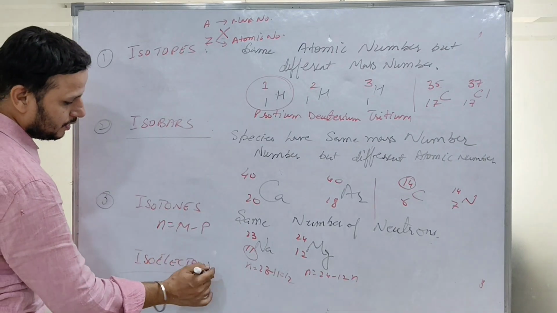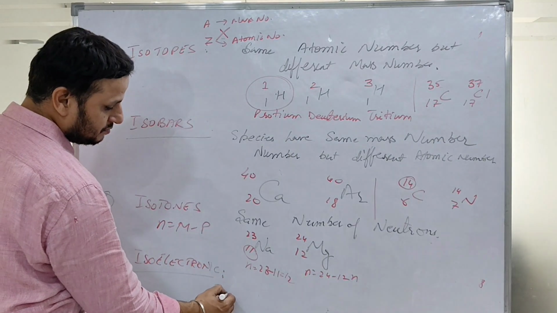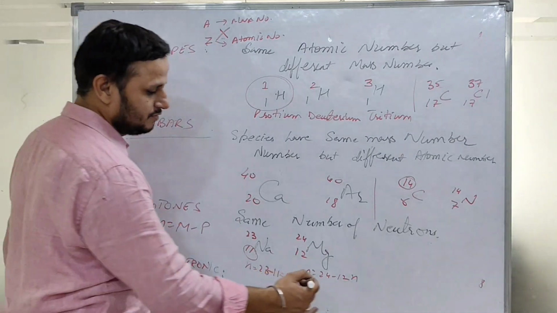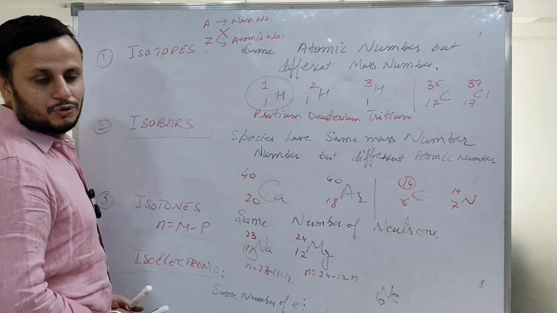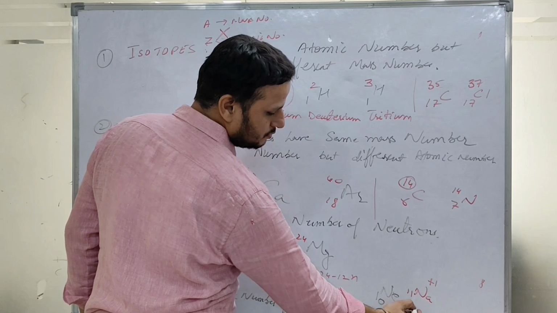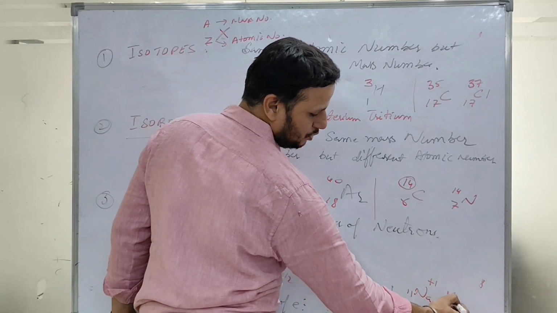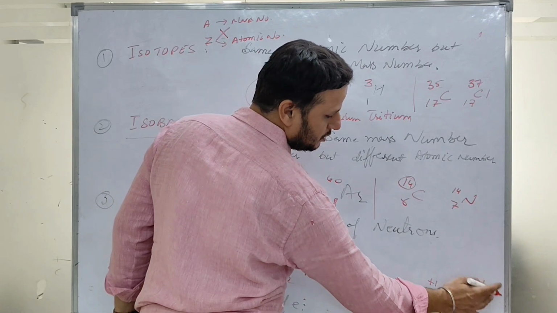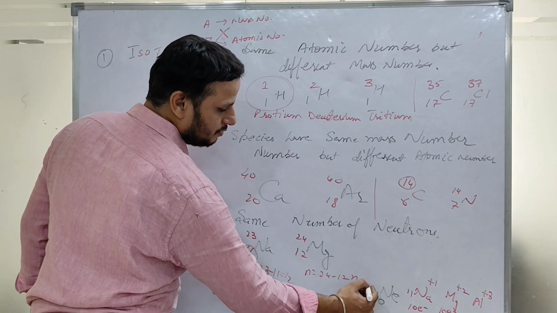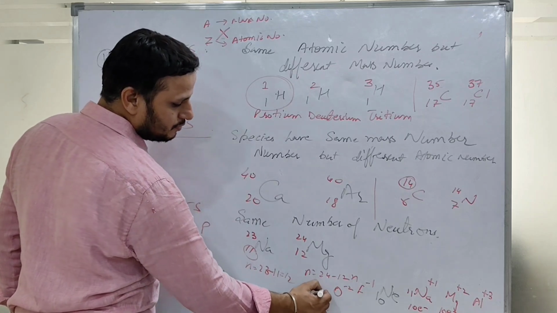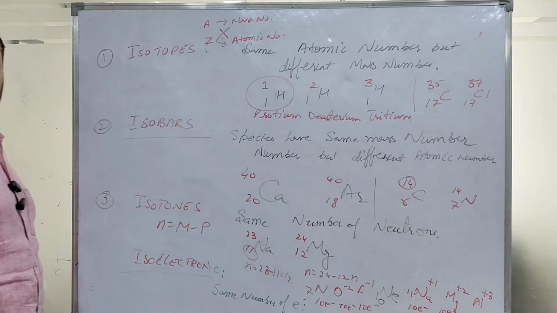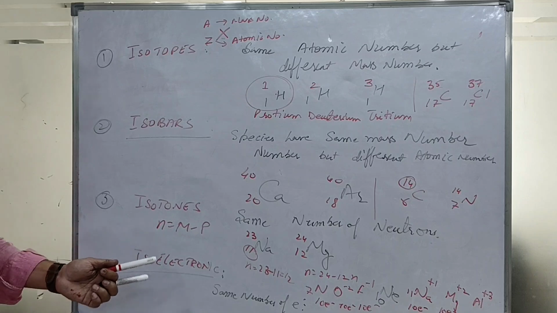And isoelectronic: species having the same number of electrons. How can two elements have the same electrons? For example, neon has 10 electrons, and when sodium loses one electron, out of 11 one electron is gone, so it is also 10 electrons. Magnesium loses 2 electrons, so it is also 10 electrons. Aluminium loses 3 electrons, so it also becomes 10 electrons. Fluorine gains 1 electron, oxygen gains 2 electrons, nitrogen is 7, it gains 3 electrons, so all are isoelectronic. This is the isoelectronic series.